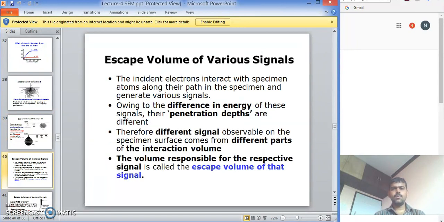Regarding escape volume of various signals, the incident electrons interact with specimen atoms along their path in the specimen and generate various signals. Owing to the difference in energy of these signals, their penetration depths are different. Therefore, different signals observable on the specimen surface come from different parts of the interaction volume.